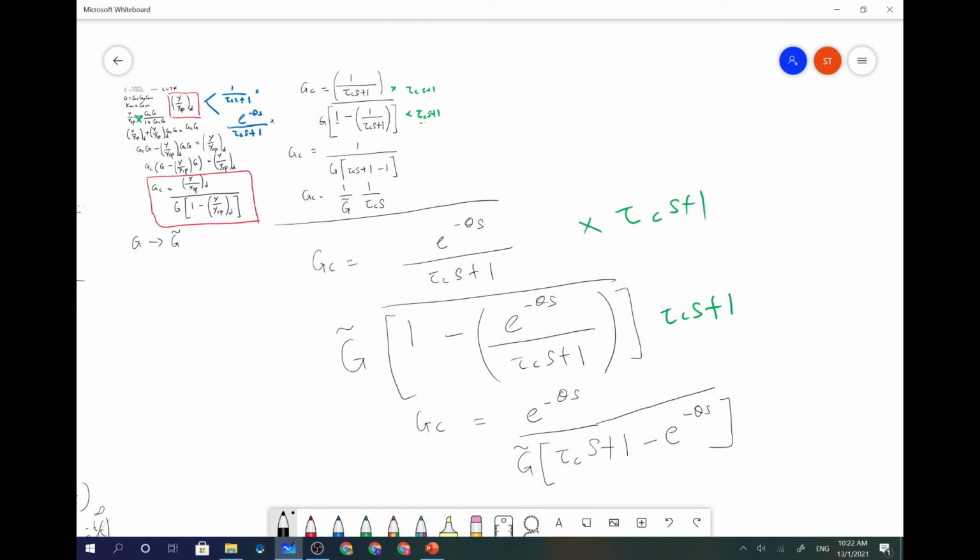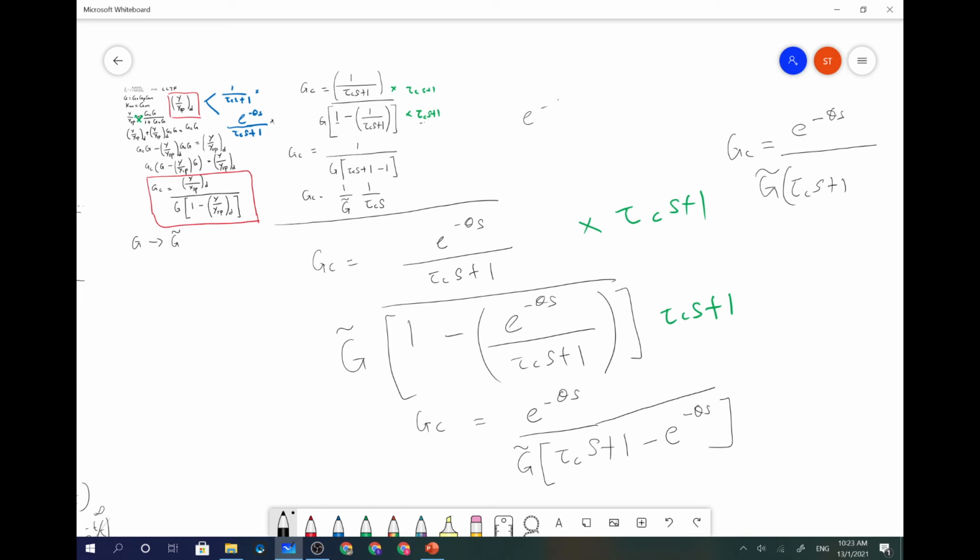So you continue here. Your GC is equal to exponent negative theta S over your model. In a bracket, you will have tau S plus 1.